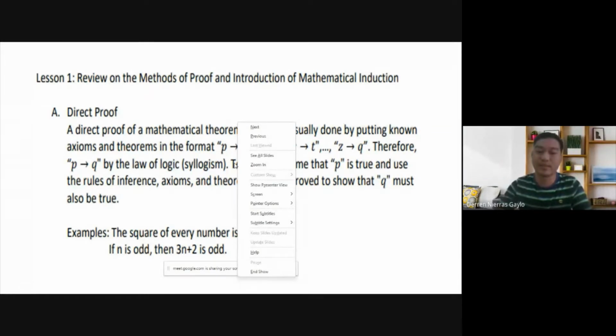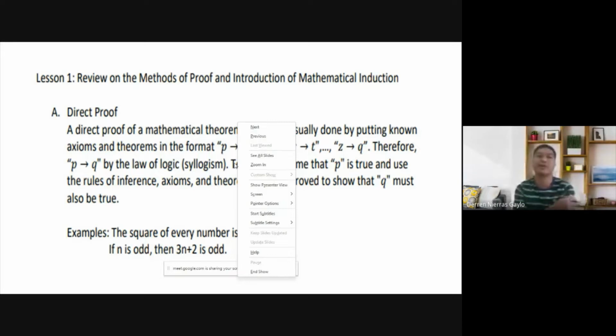So we will start with the first method of proof, the direct proof. But I'll just go over a few terms that you need to consider, like theorem. A theorem is a statement that can be shown to be true. We can demonstrate that a theorem is true with a sequence of statements that form an argument called a proof.